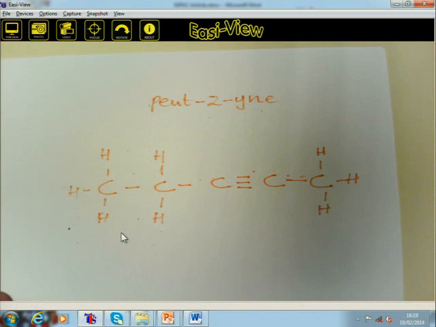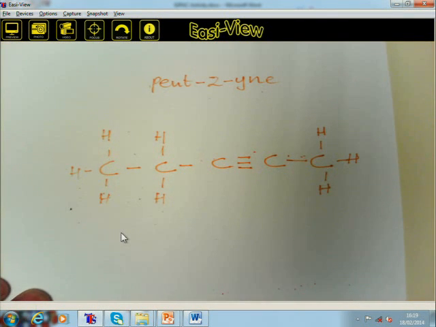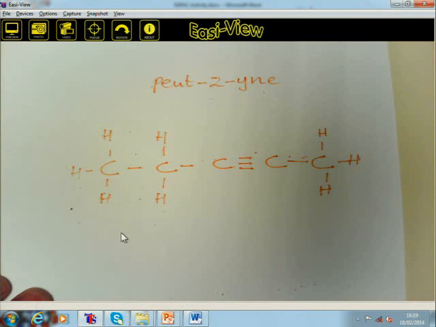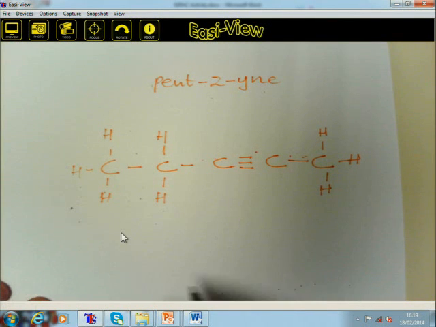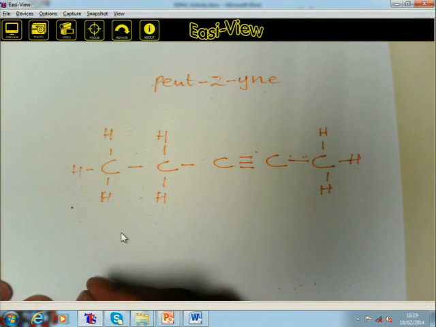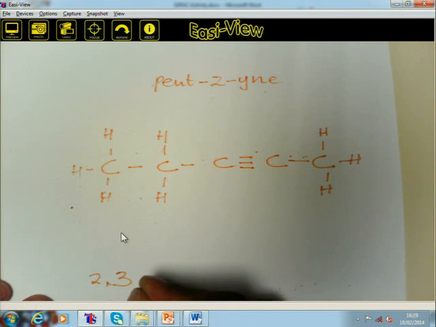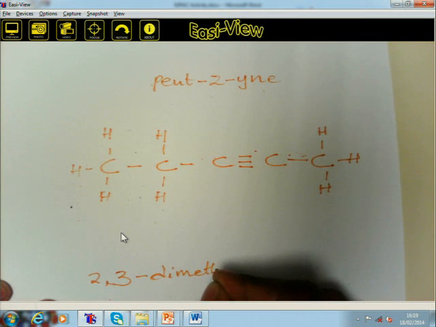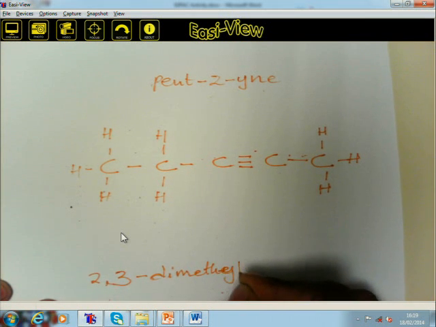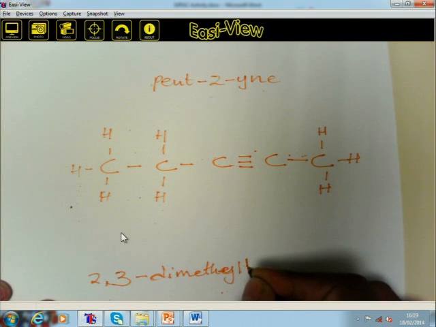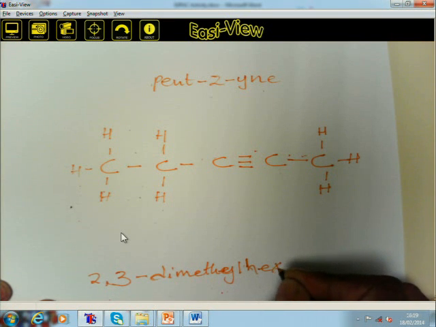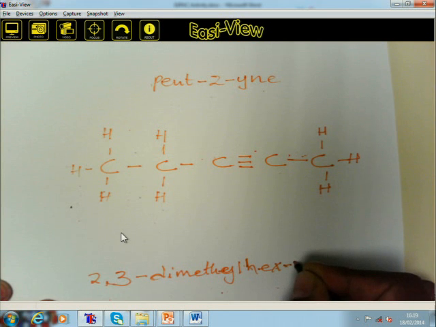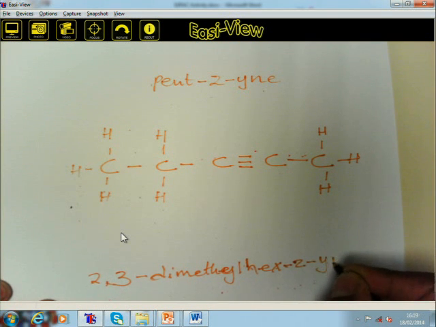All right. Let's say, for example, let us put some substituents into this and see how the structure will look. Let's say at carbon number 2 and carbon number 3, you've got a dimethyl, and then a hex-2-ine.